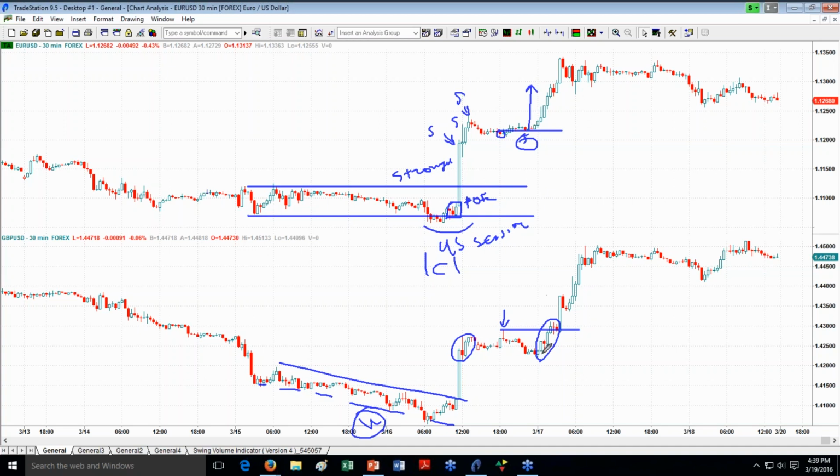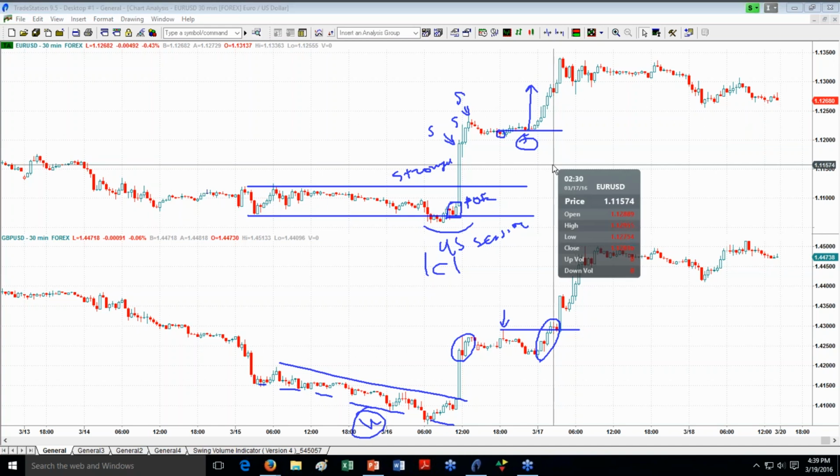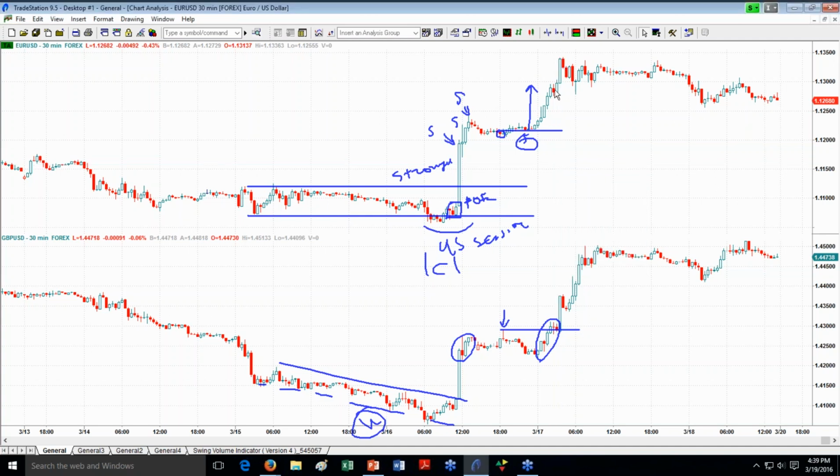We are definitely comparatively traveling much more on this move to the upside. Again here, okay, so here is the low, here's the reactional low, and here is a move to the upside. Okay, so this corresponds to this.